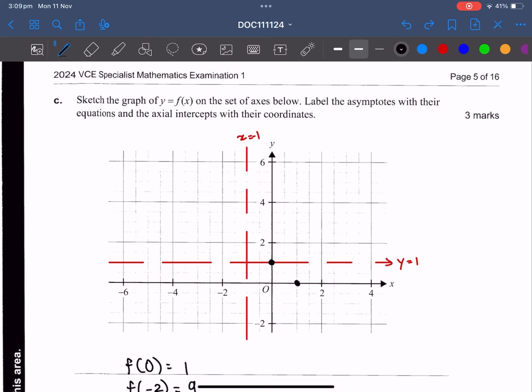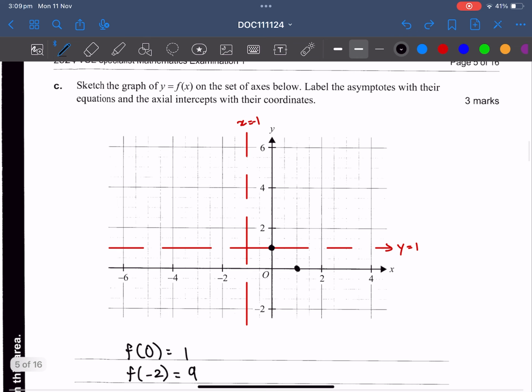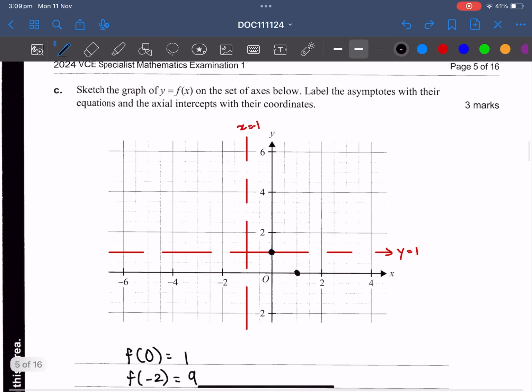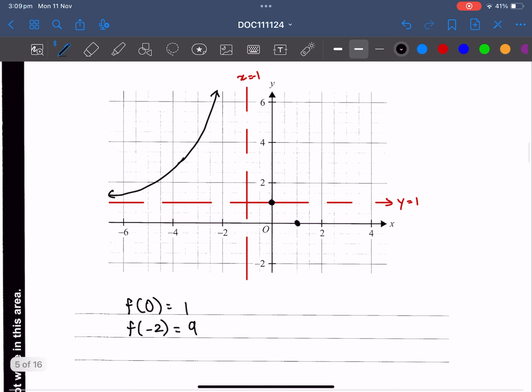I came across this when I was doing my SAC and stuff at school. Anyway, this is going to be off the chart, so I'm just going to say it's here and plot the graph accordingly, like that. I think that would do, and this is going that way.